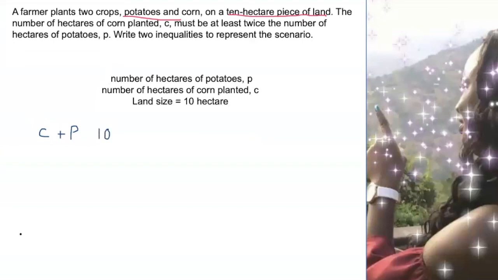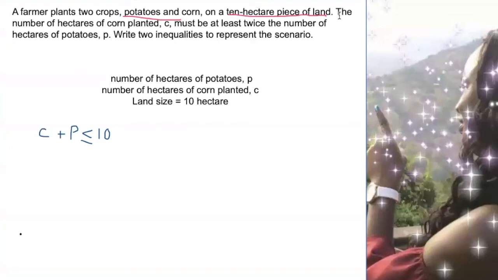It can take up the 10 hectares of land, or it can take up part of it. So I have less than or equal to, because equal to means I am going to take up the entire land, and the land is 10 hectares. So that can happen. Or we can take up 3/4, a quarter, or even a half.